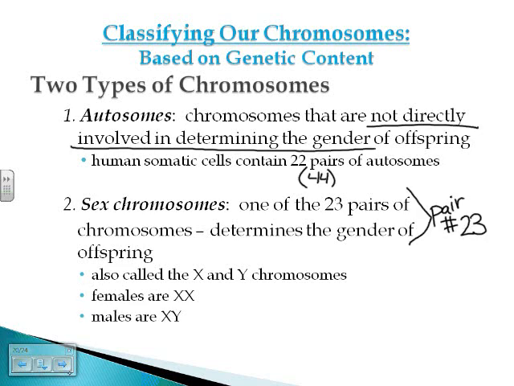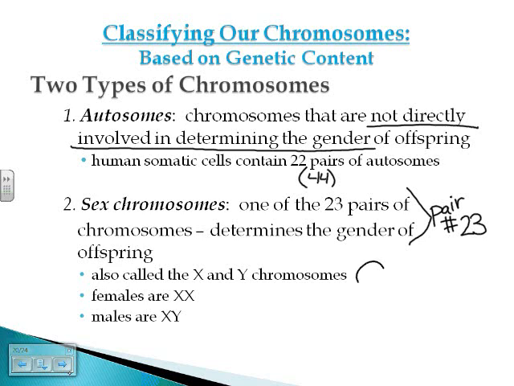So, interesting thing. Each gamete that a parent produces can only carry one number 1, one number 2, one number 3, one number 4, etc., all the way down to one number 23.